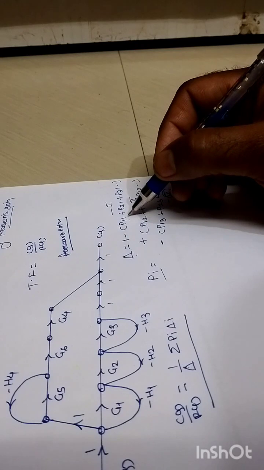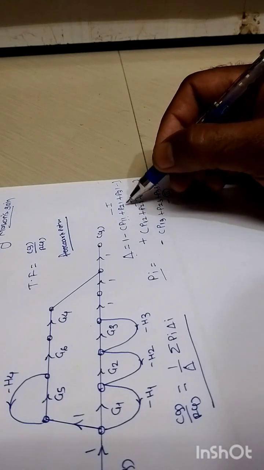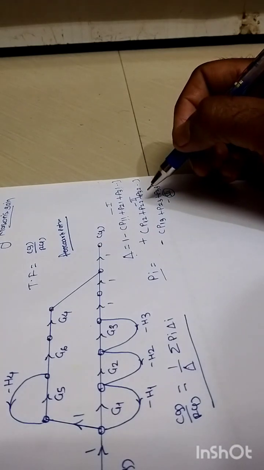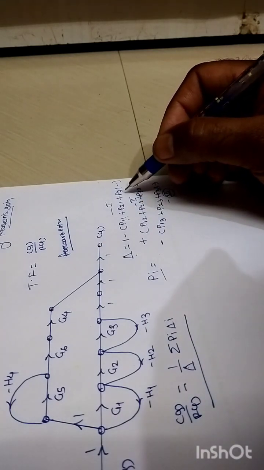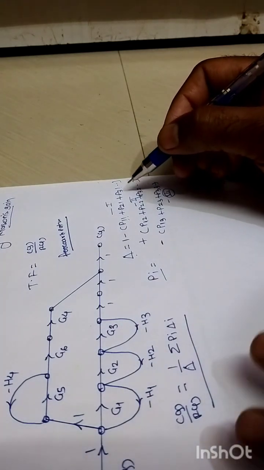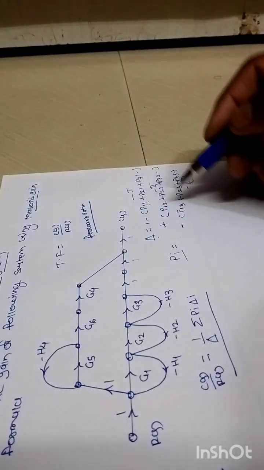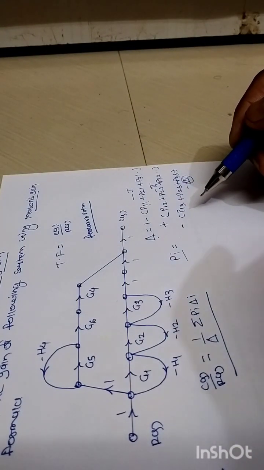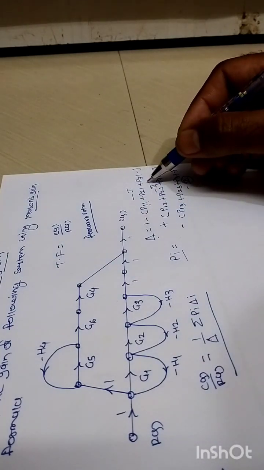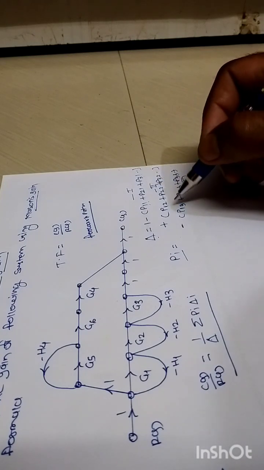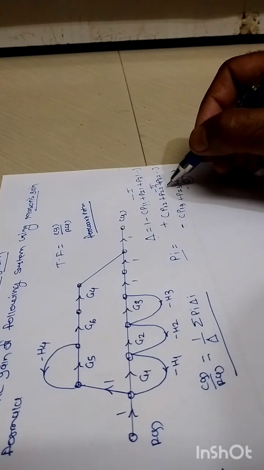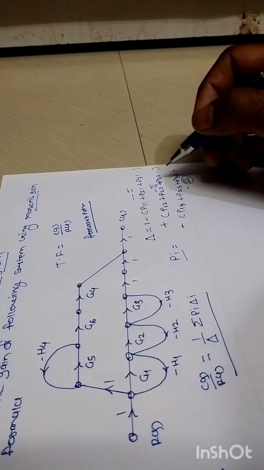P11 is the first individual loop, P21 is the second, and P31 is the third. Within this parenthesis we add all the gains of the individual loops, so we need to observe how many loops we have. If we have n loops, all these loop gains are added within the first parenthesis.